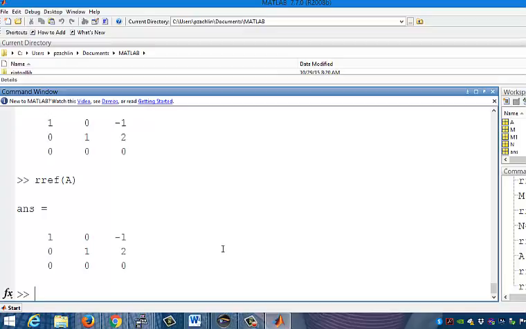So, one way to do this problem, you say, what's a basis for the column space of A?